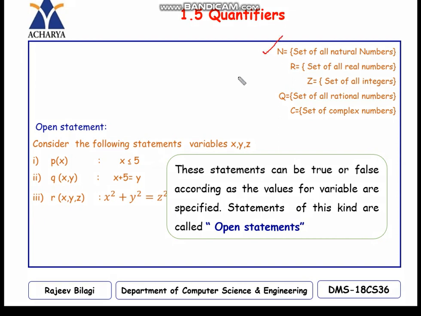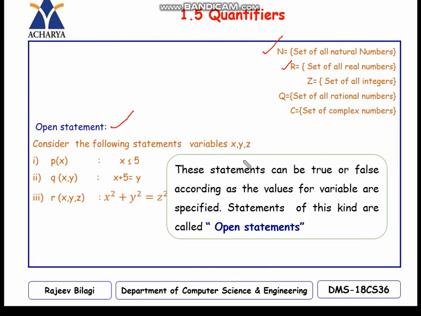N is the set of all natural numbers, R is the set of real numbers, Z is the set of all integers, Q is the set of all rational numbers, and C is the set of complex numbers. Now to start with, we will see what exactly the open statement means.